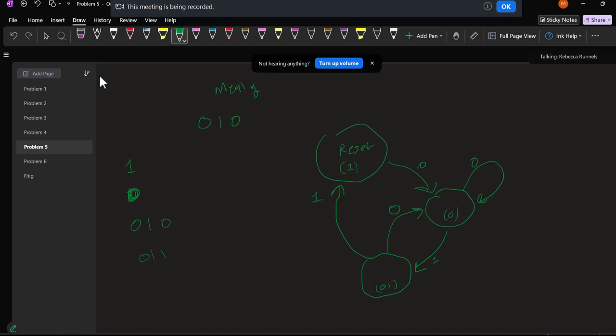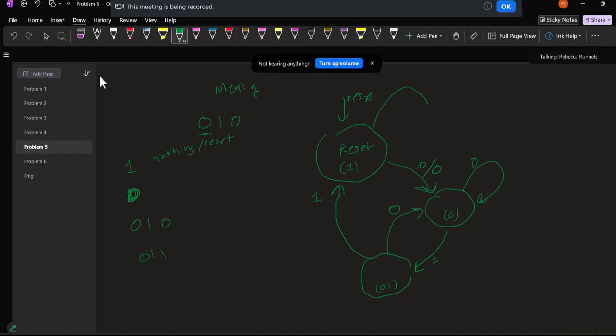Okay, so let's look at what happened. I'm not done with drawing the diagram. But we had if we have just a 1, that's nothing. That can be our reset. But from the reset, if we get a 0, we've gotten to the first stage. Now, we haven't gotten our sequence of 0, 1, 0 yet, so our output is 0. This time we draw our output on the arrow, because the output happens on the same clock cycle.